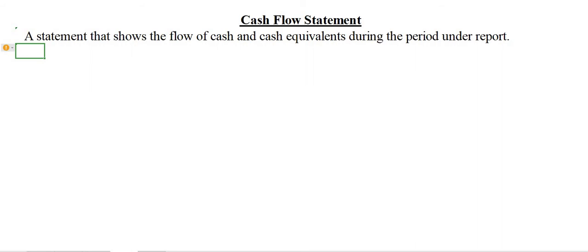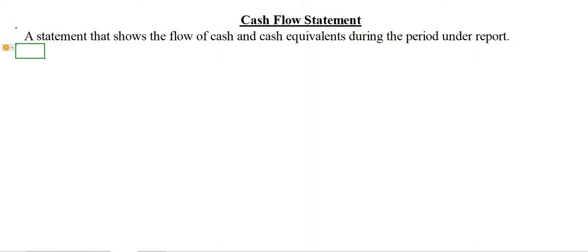So here this statement studies about the flow of cash. Flow of cash means both inflow and outflow of cash. Various transactions are there which result in flow of cash. That means various situations are there which result in cash incoming or receipts of cash.